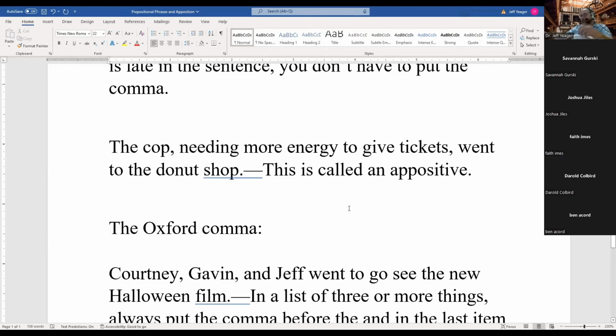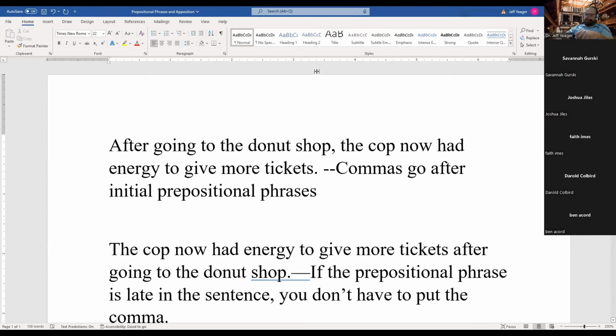So this is if you want to blend that phrase in the middle of the sentence. Most of the time, the error that I see is not putting that comma right here. That comma right there is especially important.